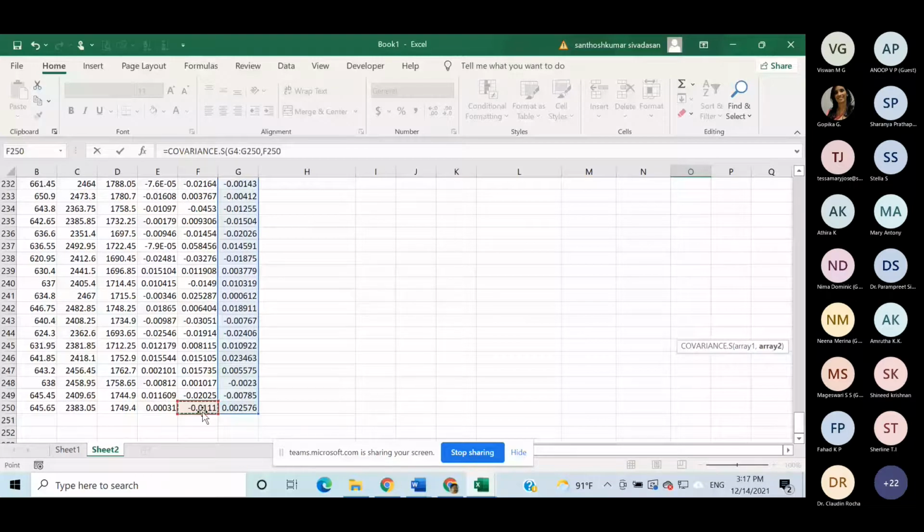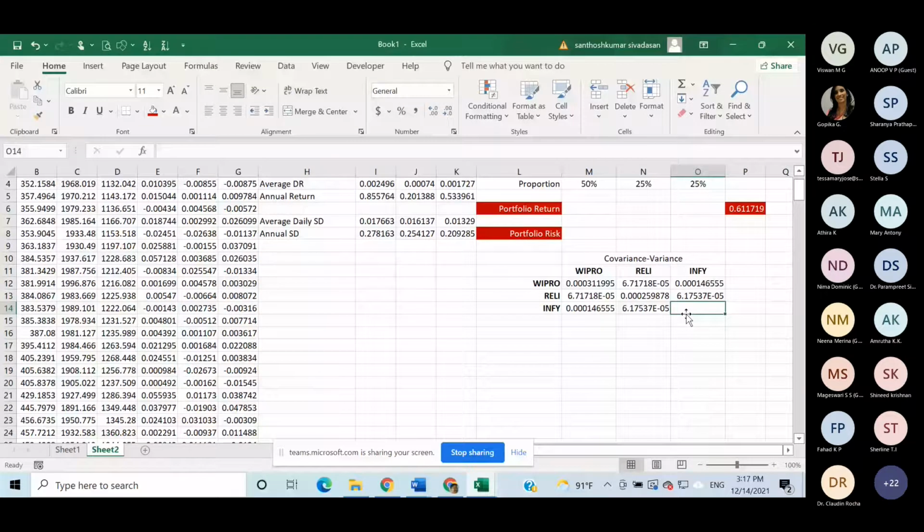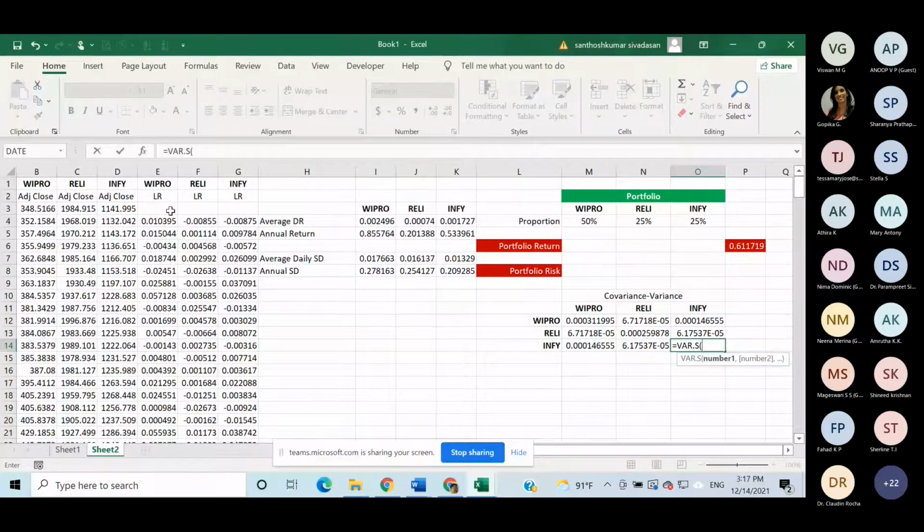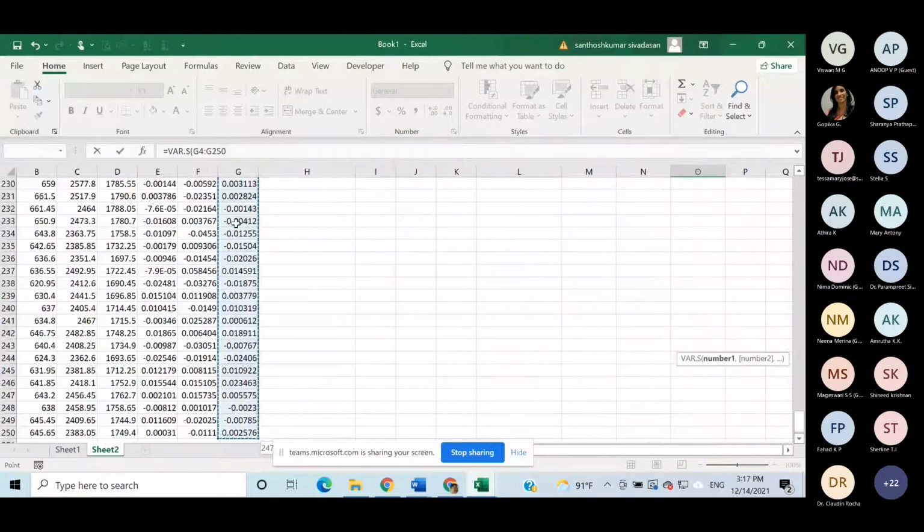So here it is Infi. It is variance is equal to variance sample. This one is Infi. Control shift down arrow, comma. Same Infi, both the arrays are same. Control shift up arrow, enter.